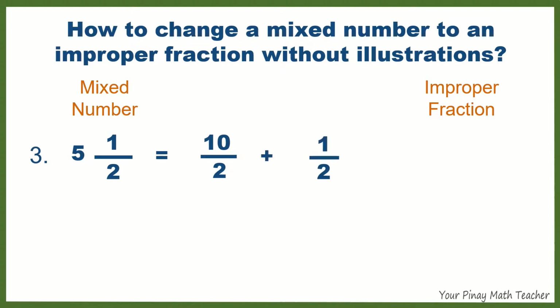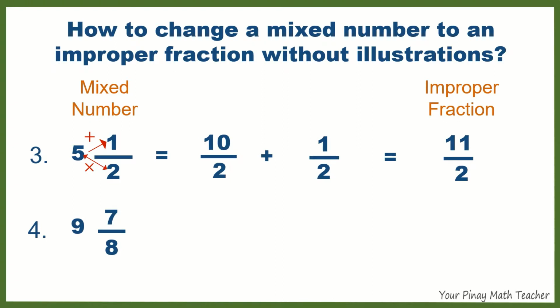Then we add 1/2. So 10/2 plus 1/2 is equal to 11/2. Or we simply multiply 5 wholes by 2 equal parts and add 1 equal part out of 2. So we have 11/2.